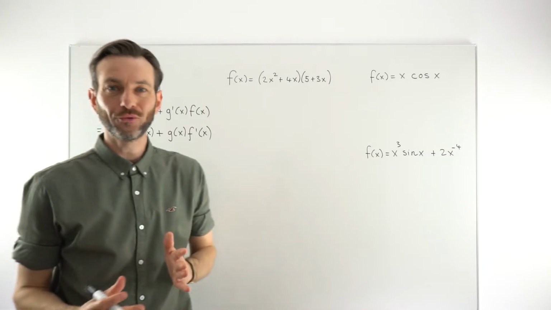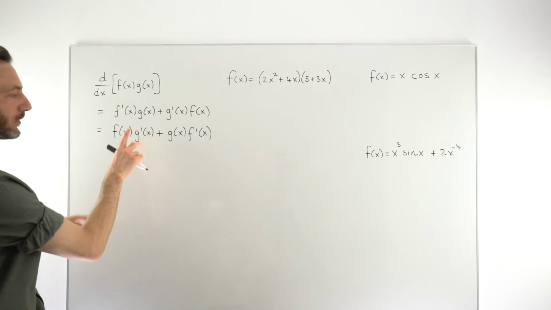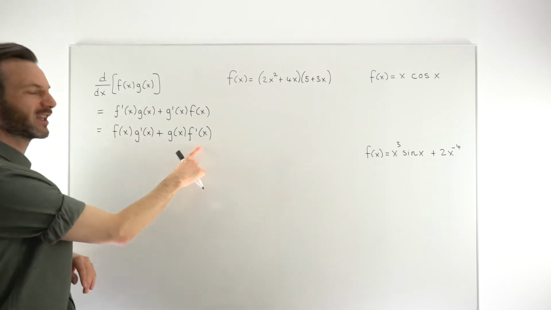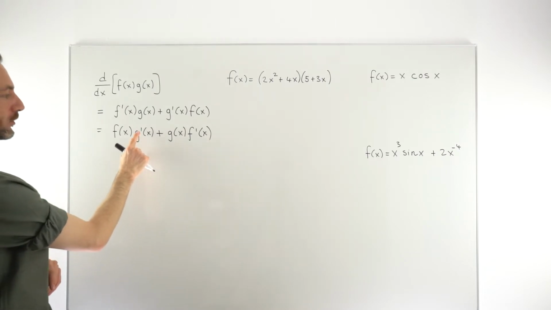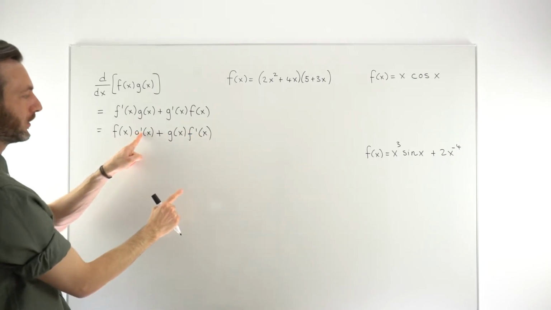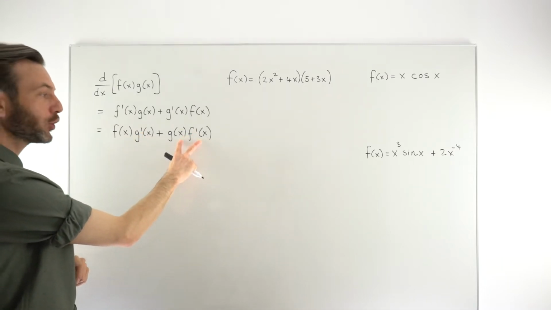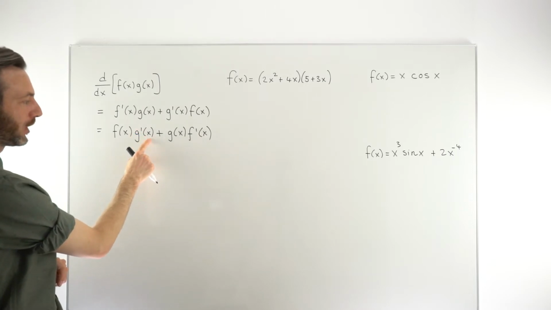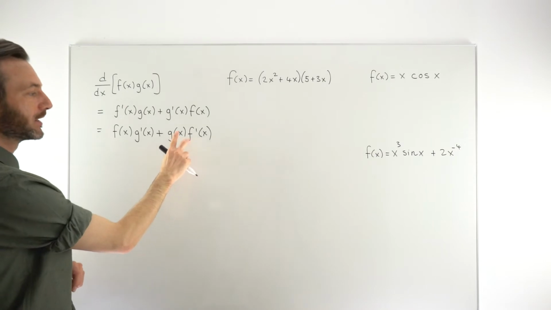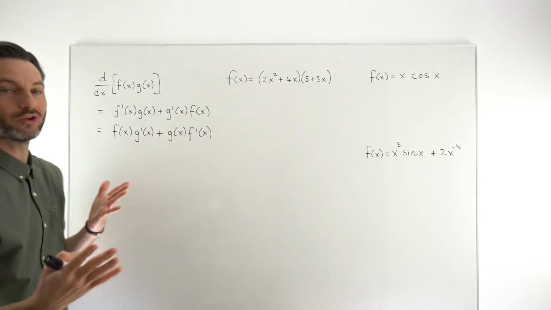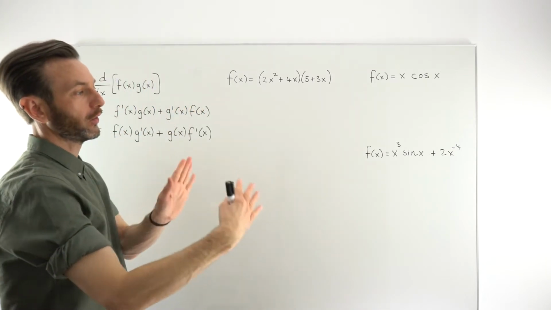If you try and learn it formulaically, that's fine if you remember the formula, but the important thing is whether you use this version, which is probably more the textbook version actually, or this one, as long as you've got the derivative of both functions, so here is g prime and here's f prime, multiplying to the other function. So as long as I've got my g prime and it's multiplying to f, and my f prime and it's multiplying to g, and multiplying those and adding them together, it doesn't really matter on the order. So don't get too hung up on making sure they're all in the perfect place.